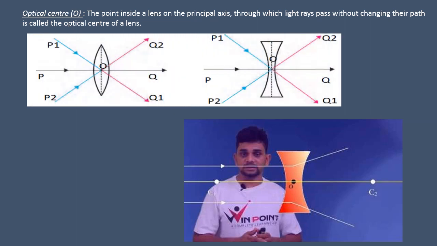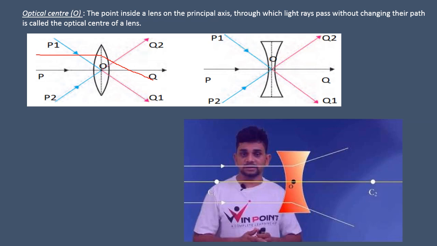Now when we consider a convex lens or a concave lens, as we said at the start, when a light ray is incident like this, it is going to get refracted and change direction. Correct, meaning the light ray is going to deviate.